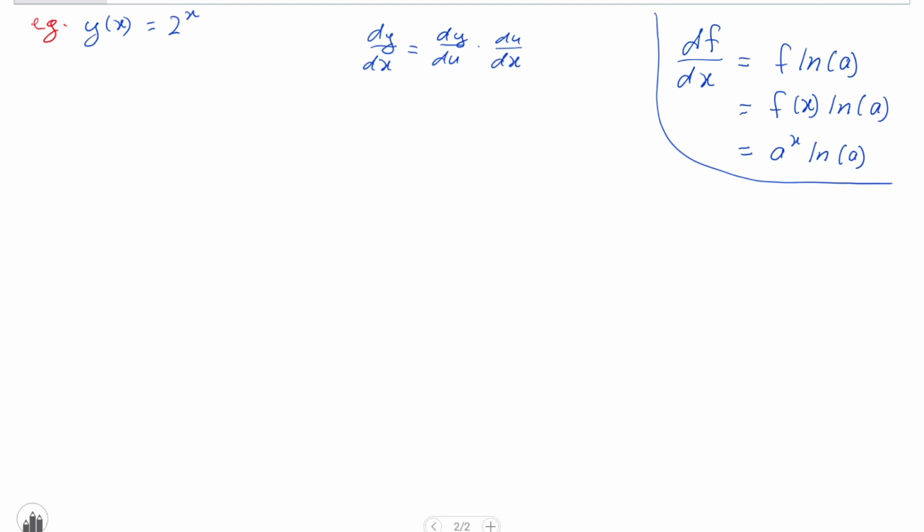So what we're going to do is make a substitution for u, find the derivative of u with respect to x, and then derive dy by du. In this case, let u equal just x. That means du by dx is equal to 1.